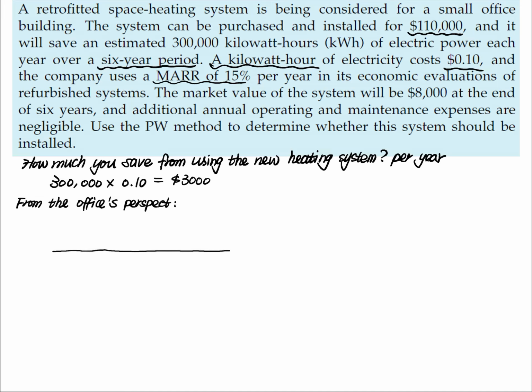That's gonna be your first cash flow. So 0, 1, 2, 3, 4, 5, 6. Your first cash flow is outgoing, 110,000. Okay, and every year you can save 3,000. Remember that? So that's your receiving. It's going upward.